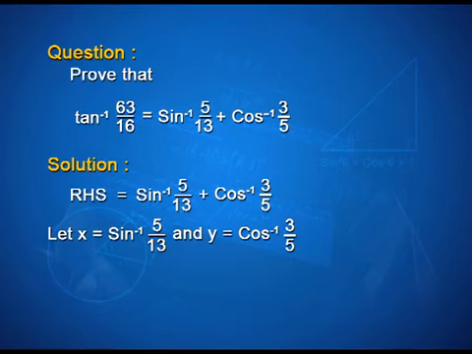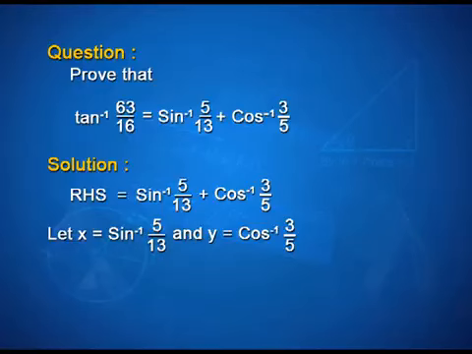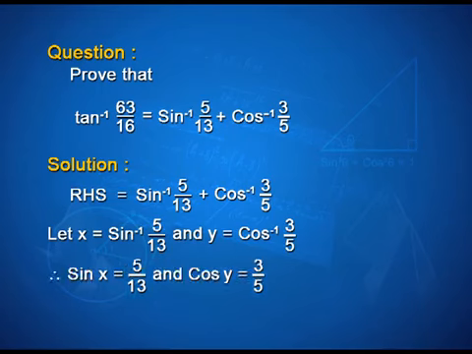Begin by assuming sin inverse 5 by 13 to be, say, a quantity x and cos inverse of 3 by 5 to be y. The moment I have that, the definition allows me to write that if x is sin inverse 5 by 13, then sin of x must be 5 by 13 and cos of y must be equal to 3 by 5. Now, you must know that if sin x is 5 by 13, cos x can be calculated.